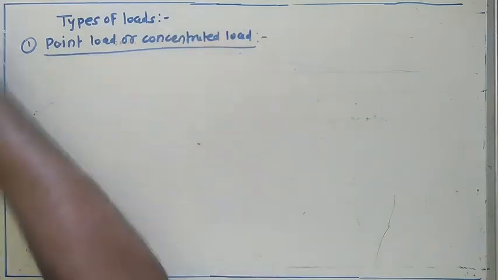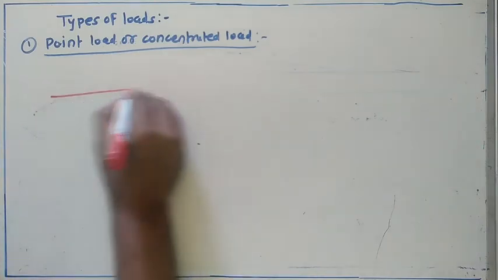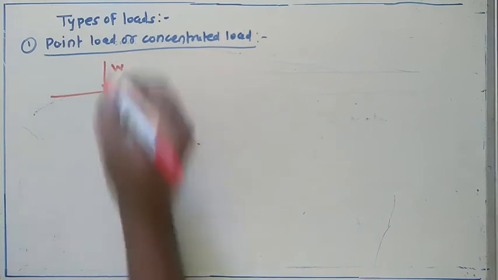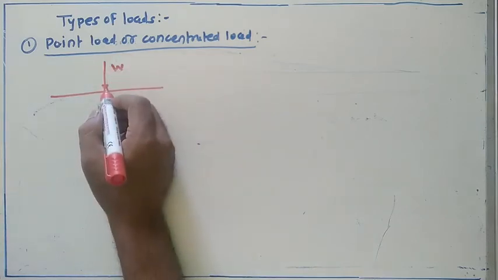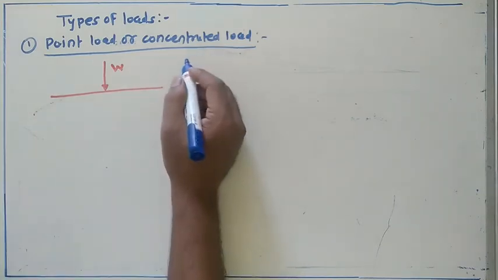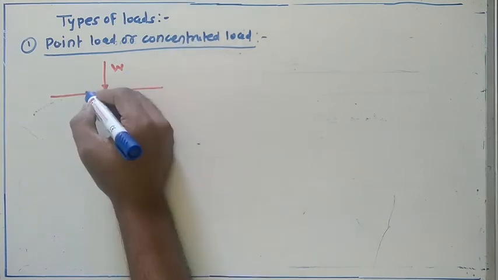Now see the meaning of point load or concentrated load. If you consider a beam like this one, this load is acting at a particular point. This is known as a point load or concentrated load. This load is acting at a point on the beam.